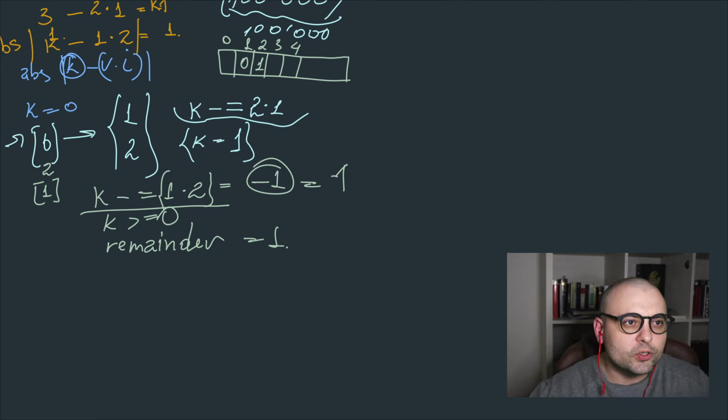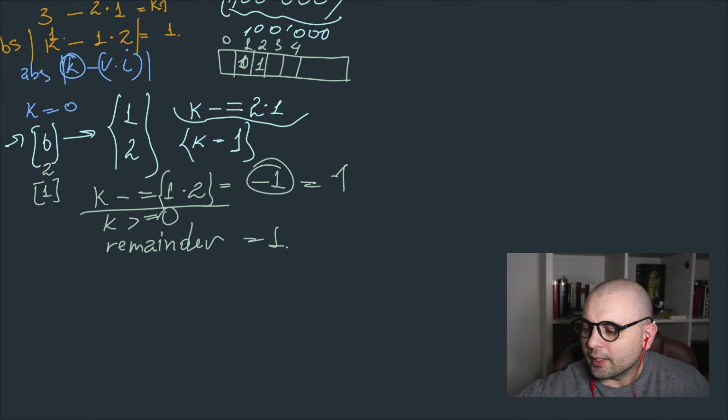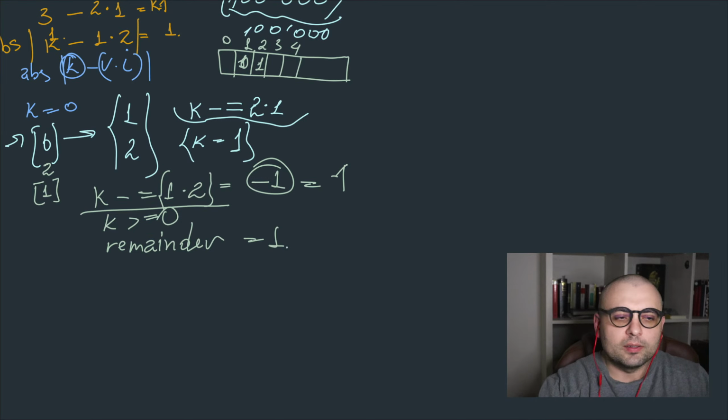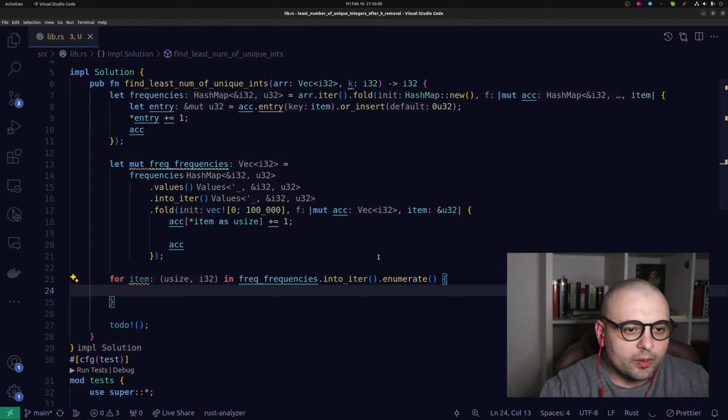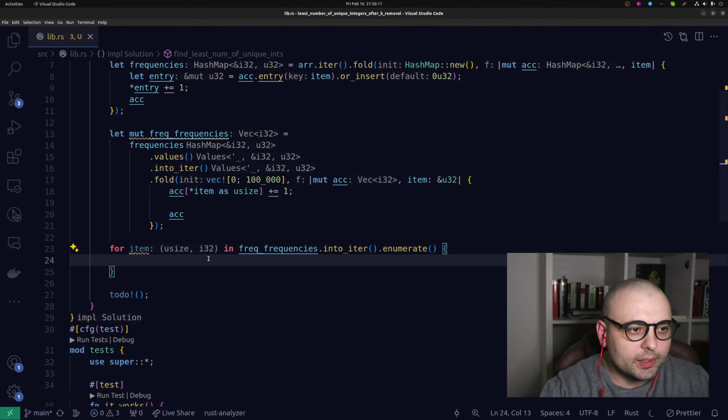I guess should go into at index 1, so we'll be incrementing this to 1. Yeah, probably that's the case. Okay, yeah. Interesting one, though. Interesting problem, what can I say?